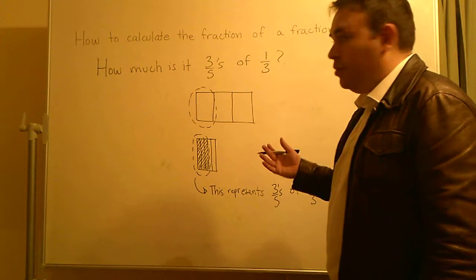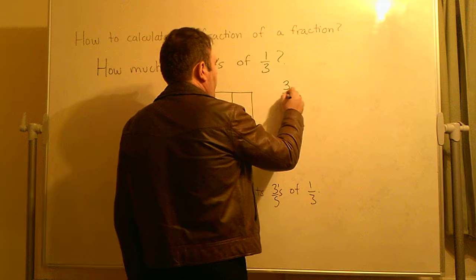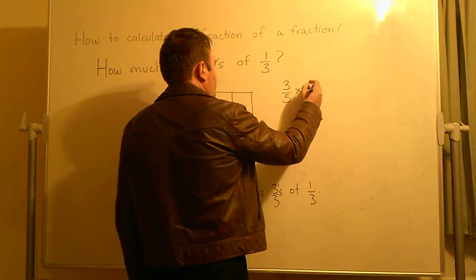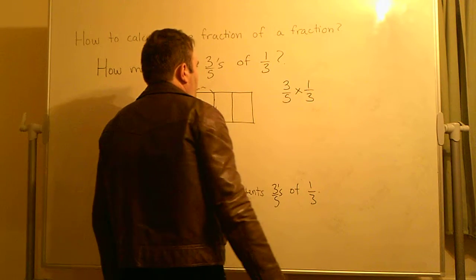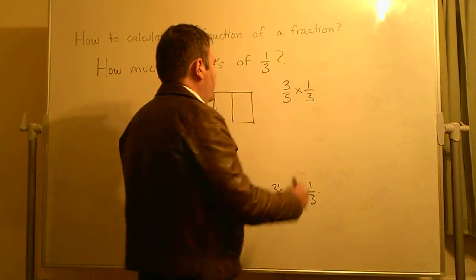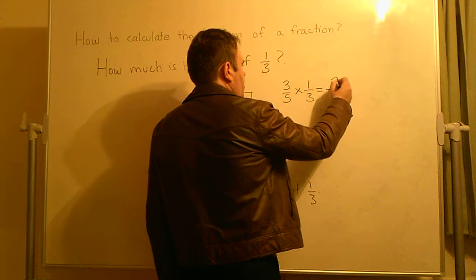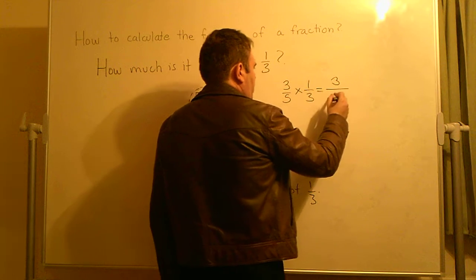How do we calculate it with numbers? Well, we just multiply 3/5 times 1/3. And what would this appear? 3 times 1 is 3. 5 times 3 is 15.